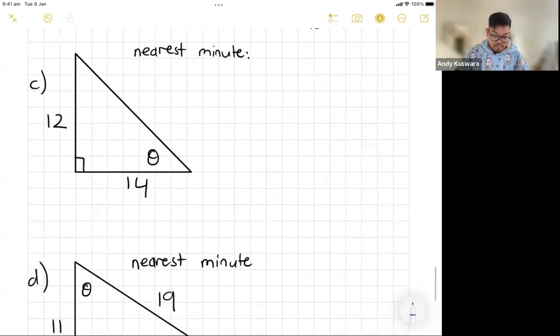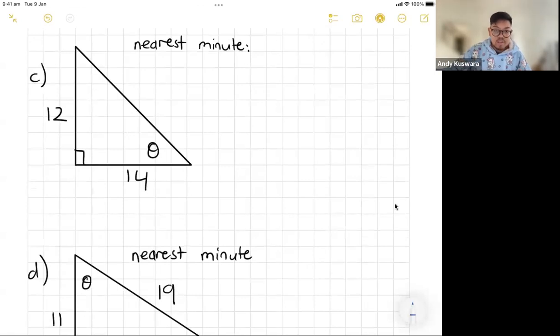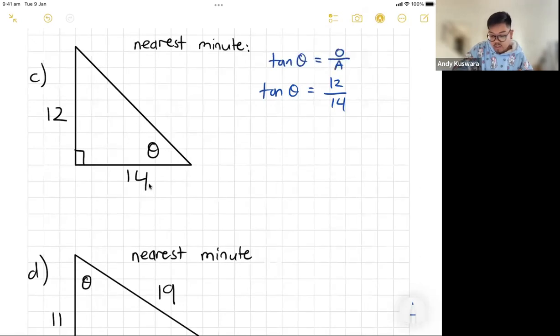Now, if I'm trying to find an angle to the nearest minute, I'm going to do the same thing. There's my angle. I've got an opposite side. I've got an adjacent. This must be tan. So now tan theta equals 12 on 14, because that's opposite over adjacent. In case you're not tracking, tan is opposite over adjacent. And now this is the step that's a bit different for an angle.